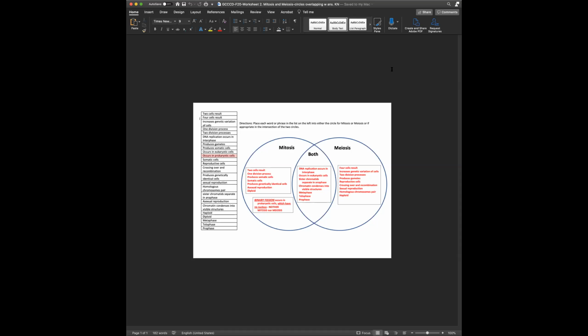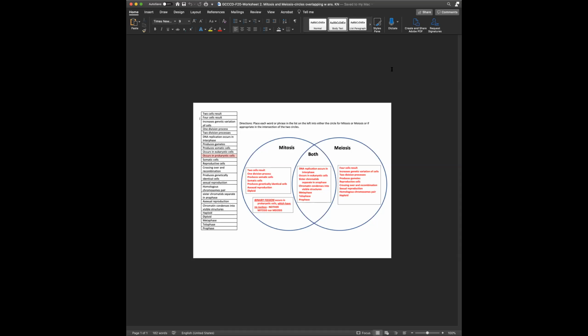Sexual reproduction, you know that, it's in meiosis. Homologous chromosomes pair, meiosis only. Sister chromatids separate at anaphase, in both. Asexual reproduction, mitosis.